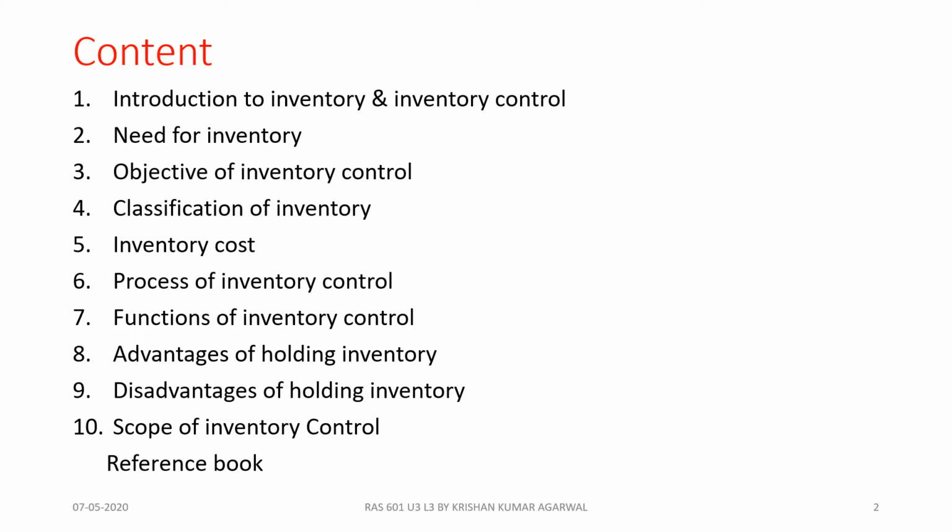Further, we'll discuss the different objectives associated with inventory control, classification of inventory, inventory related costs, process of inventory control, functions, advantages and disadvantages of maintaining as well as not maintaining inventory, and the scope of inventory management, that is, where the inventory can be used.